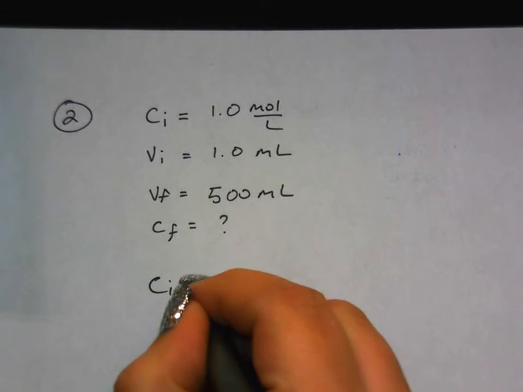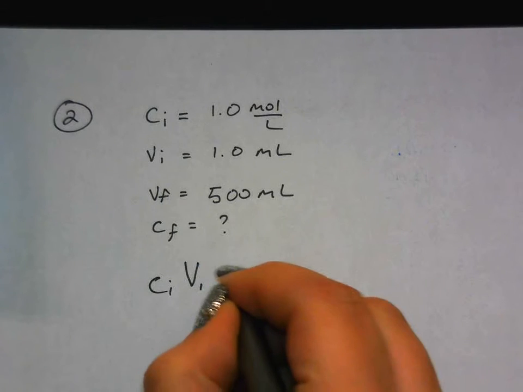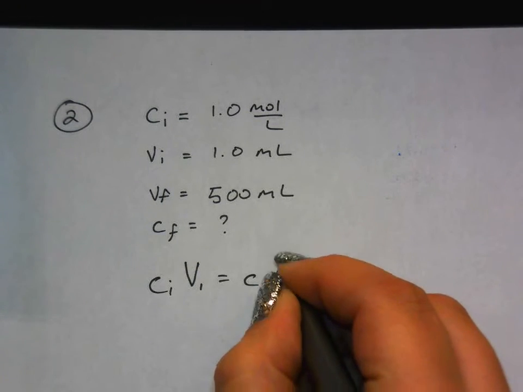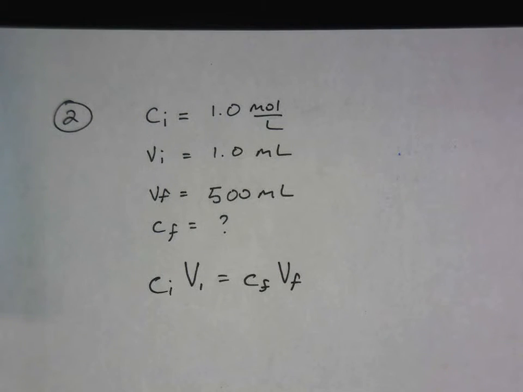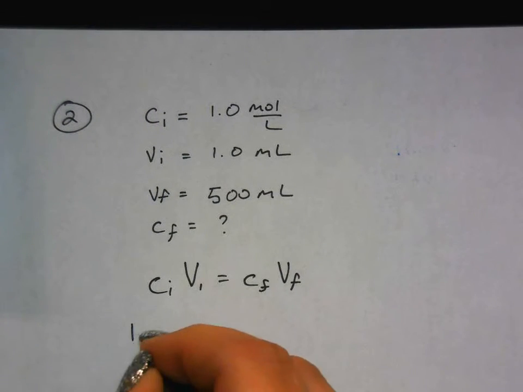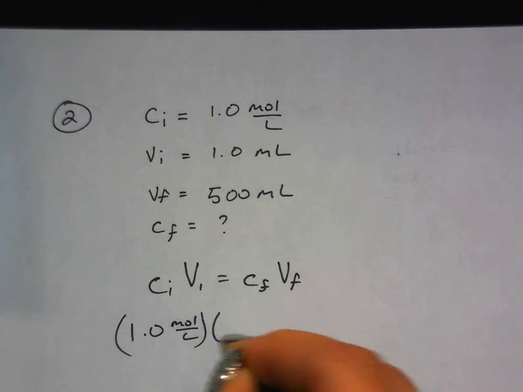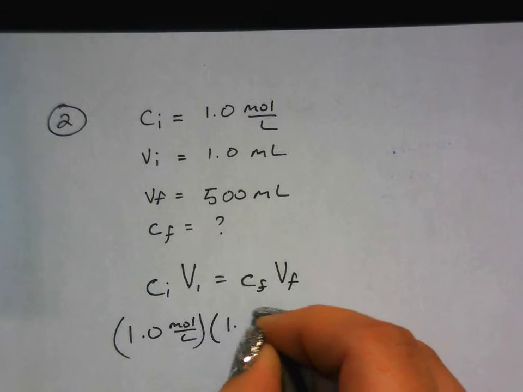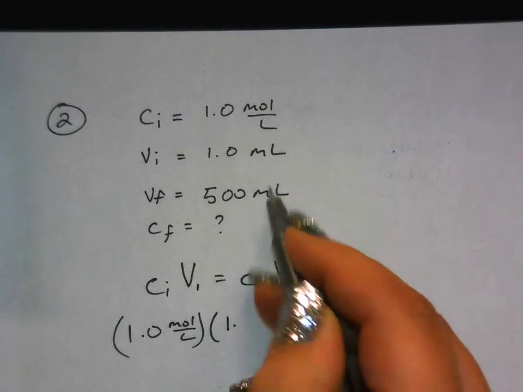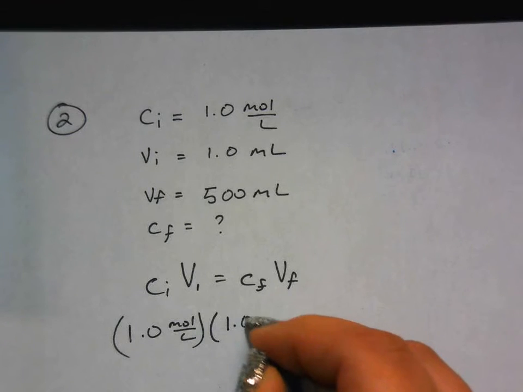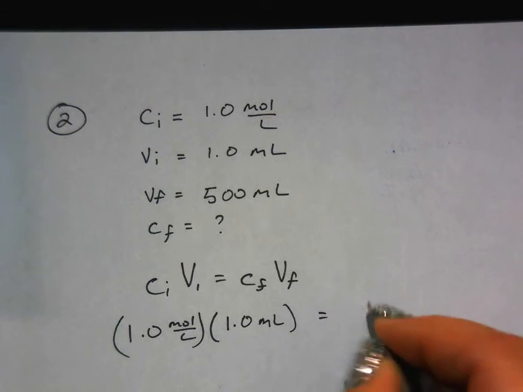The formula for dilution is C1V1 equals C2V2, or in this case final. I've got 1.0 mole per liter. In this case I can leave it as milliliters because both of the volumes are in milliliters. It won't matter. If you change them both to liters, you won't have any problems either. You just have an extra step.